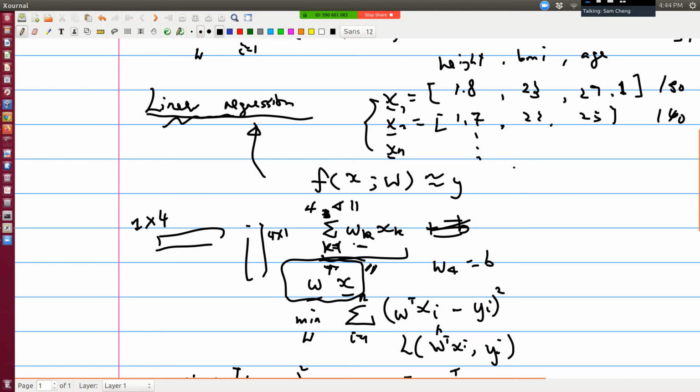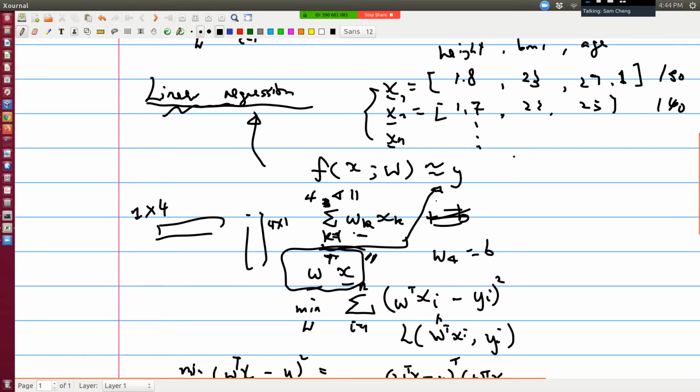You want to train your model, or fit w, such that your output, w transpose multiplied by x, is close to your desired output y here.